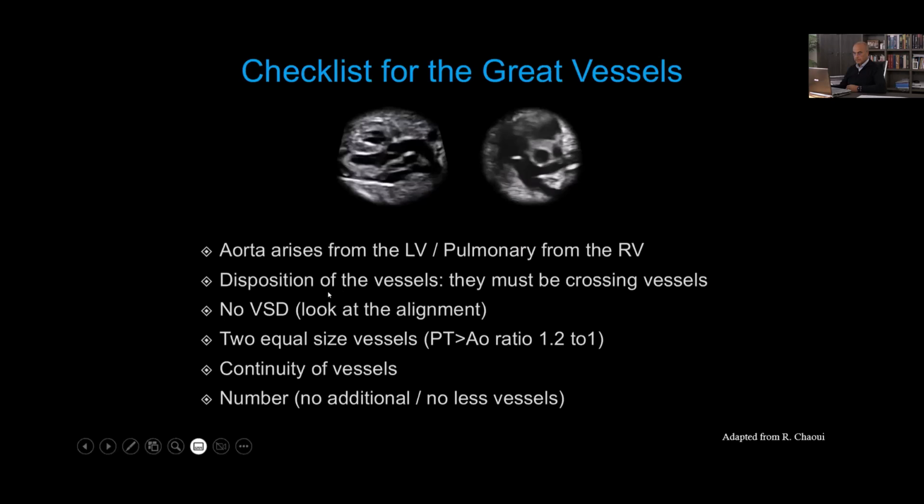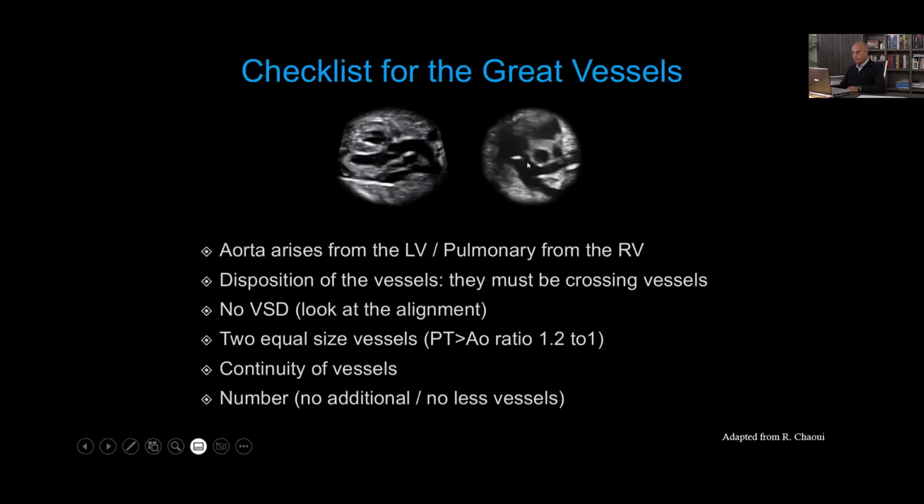We have to look and evaluate the disposition of the vessels, and we have to recognize that they are crossing vessels. As you can see here, the ascending aorta is going up and the pulmonary artery is going down. We have to look at alignment, particularly in the left outflow tract, in order to see the continuity between the interventricular septum and the ascending aorta, to exclude some interventricular septal defects.